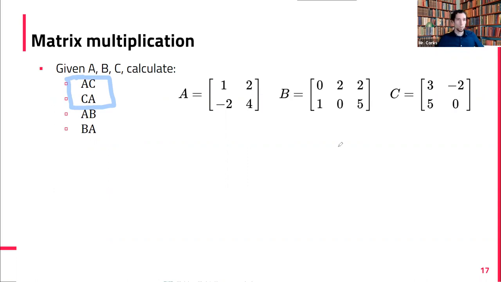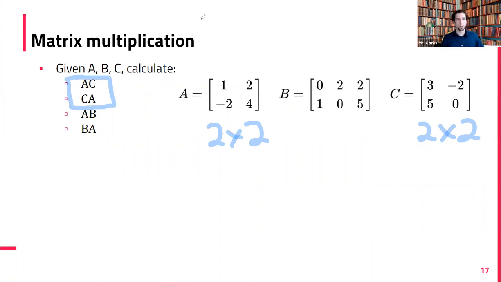So A is a 2x2, C is a 2x2, so in both directions the operation was possible, but the numbers that we got out were completely different. Not slightly different, not flipped over or anything, just totally different numbers, basically no connection at all. So changing the order for matrix multiplication completely changes the results that you'll get.